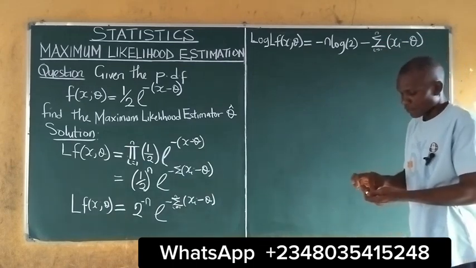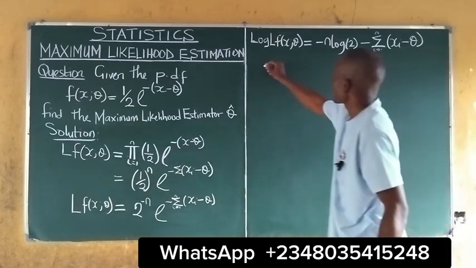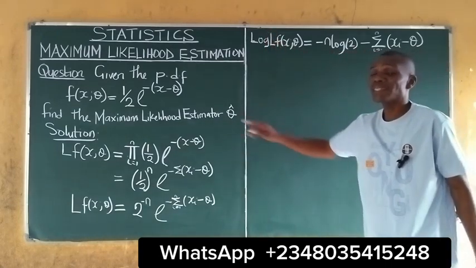The next thing to do for maximum likelihood estimation is to differentiate with respect to theta.